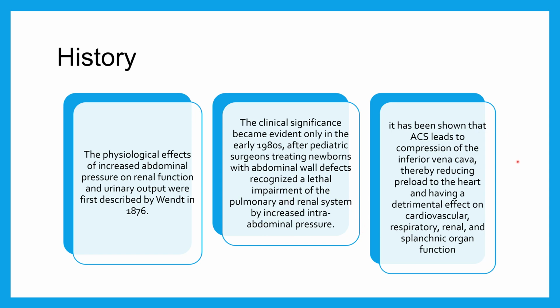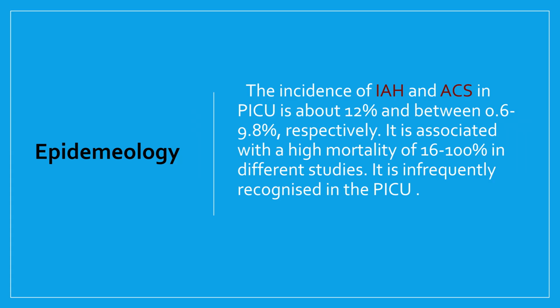Then people started to think that increased intra-abdominal pressure compresses the inferior vena cava and reduces the preload to the heart, affecting the cardiac output, respiratory function, renal function, and the splanchnic organ function.